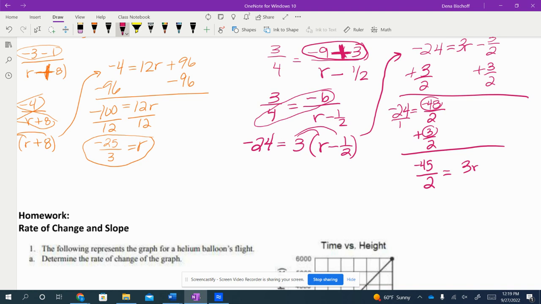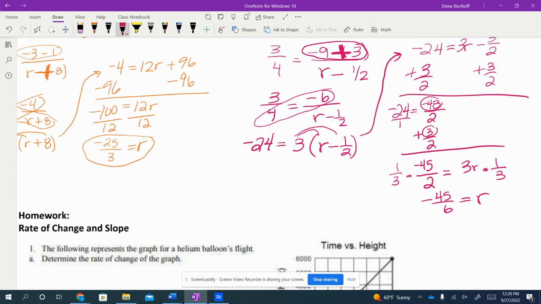So the rule is to divide by 3, but what if I do the reciprocal? What's the reciprocal of 3 if I multiply? So dividing by 3 is the same thing as multiplying by what? 1/3. Multiply both sides by 1/3. So I get negative 45 over 6 equals r. Can I reduce that? Negative 7.5.